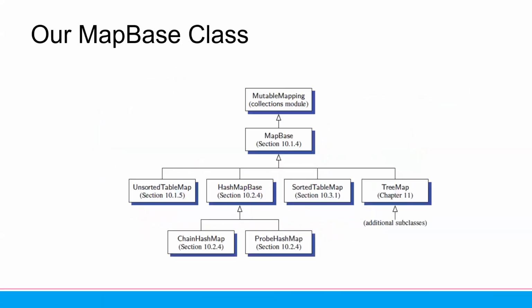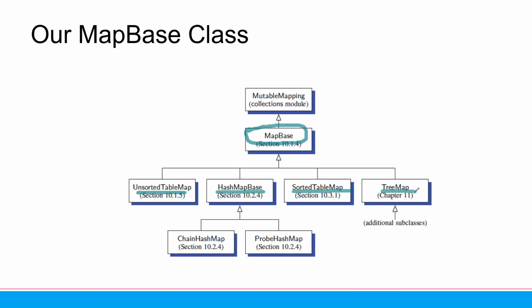And if you want to learn more about the maps, actually there are many types of maps. I think in the next slide, we learn about the map base. And for the map itself, there will be a lot of variants. We can have unsorted table map, and we can learn about hash map, or we can use the sorted table map.